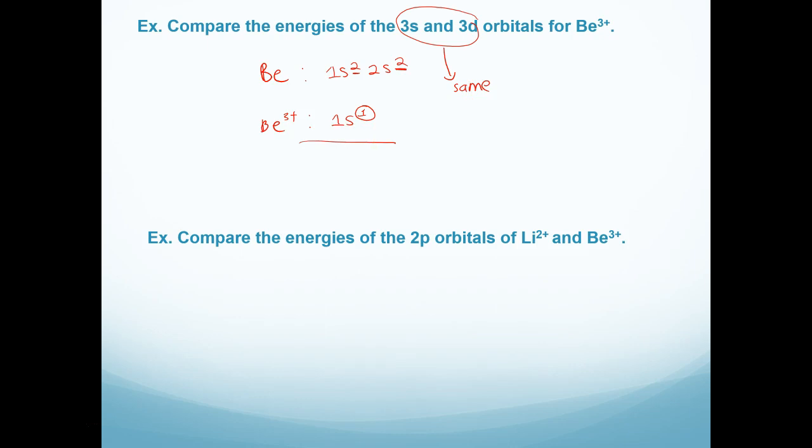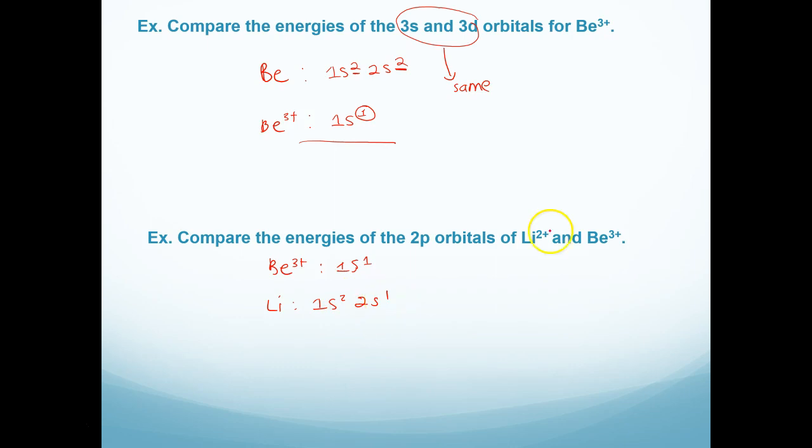We want to compare the energies of the 2p orbitals of lithium 2+ and beryllium 3+. So we already know that beryllium 3+ is just 1s1. And then for lithium, if we go ahead and write the electron configuration, we get 1s2 and 2s1.